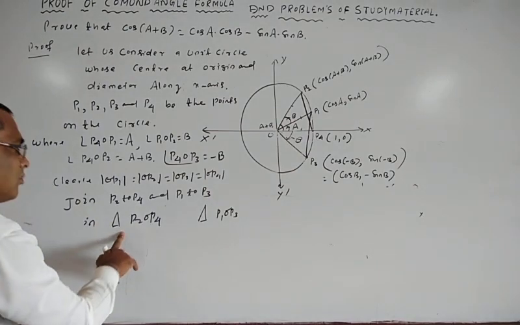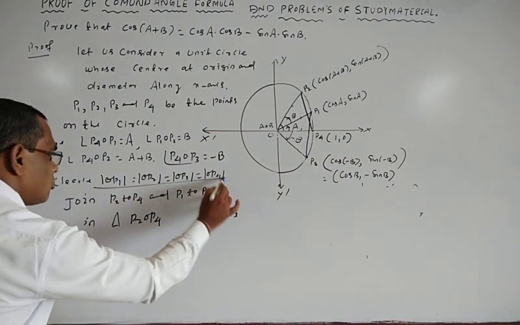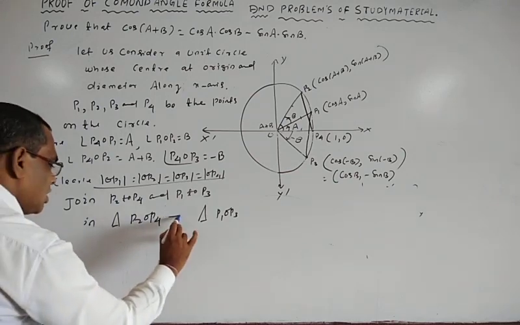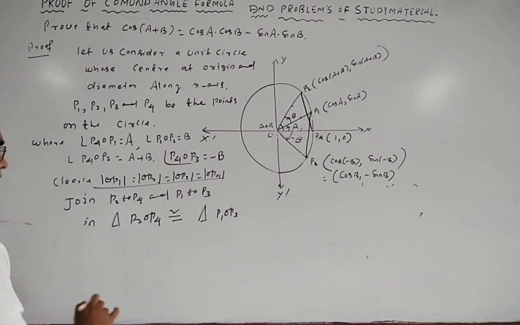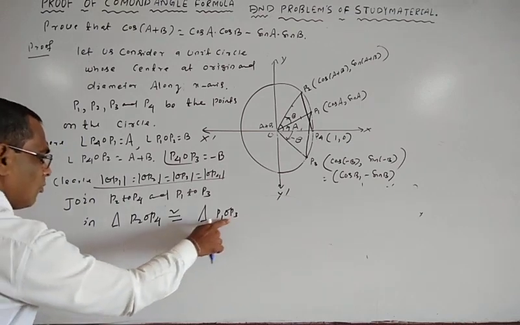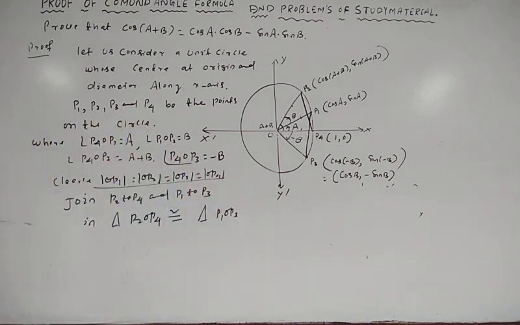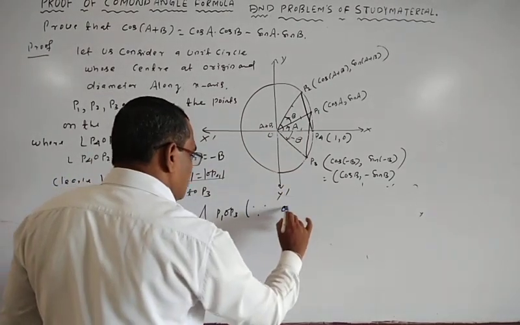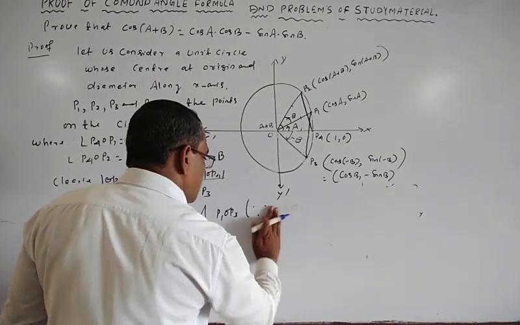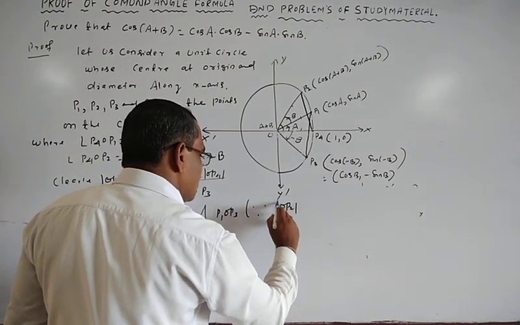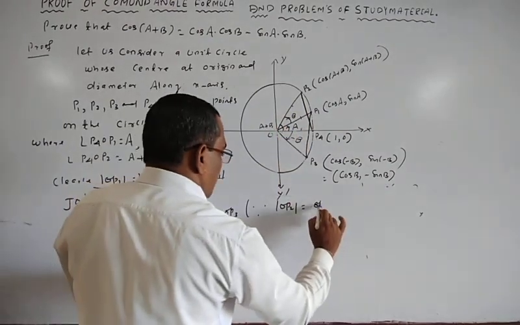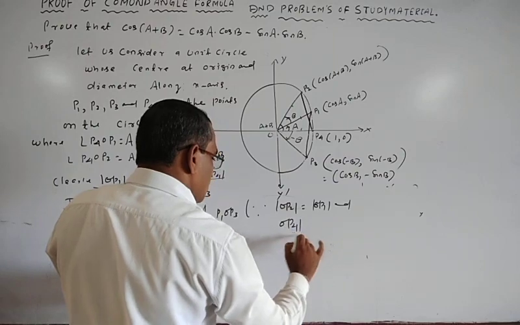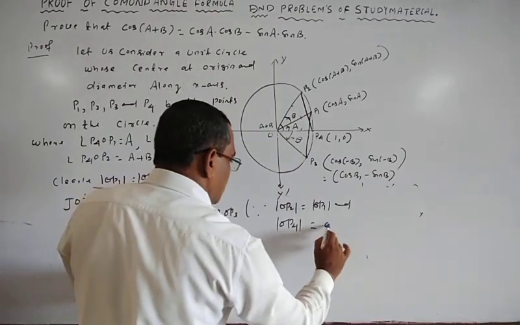So from the figure it is clear that, for this reason, triangle P2OP4 is congruent to triangle P1OP3, because OP2 is equal to OP1 and OP4 is equal to OP3.